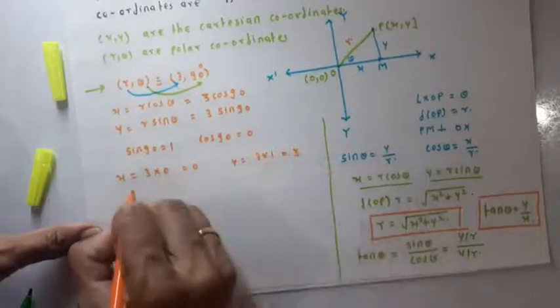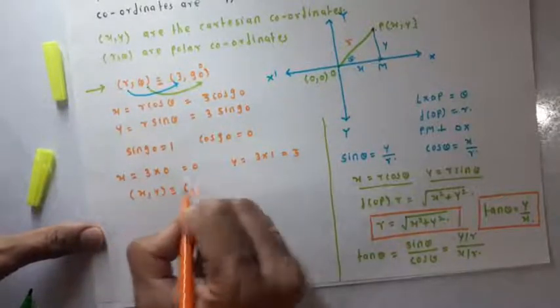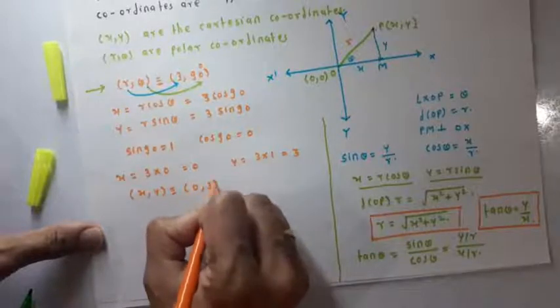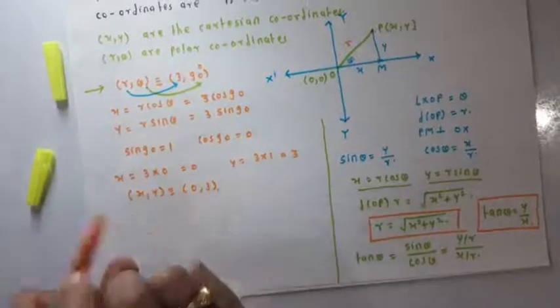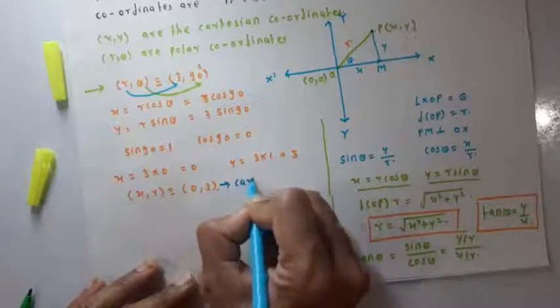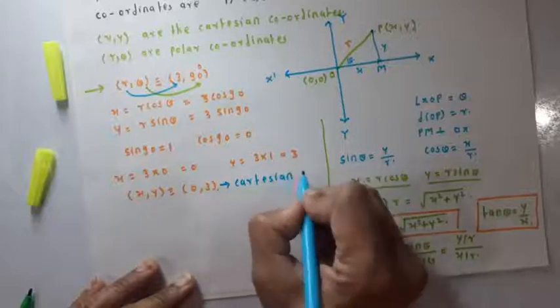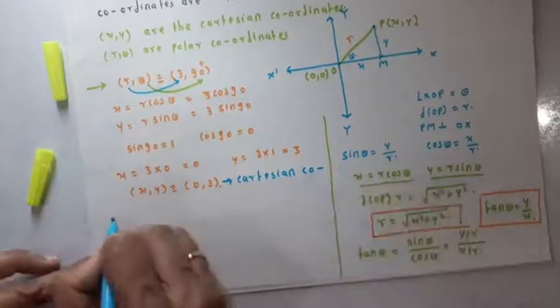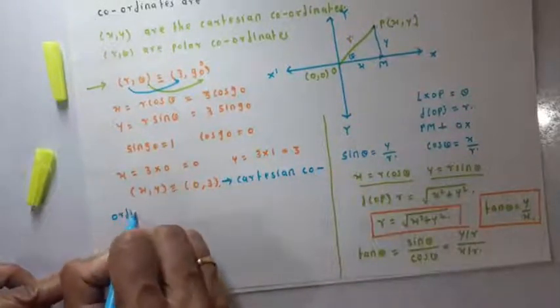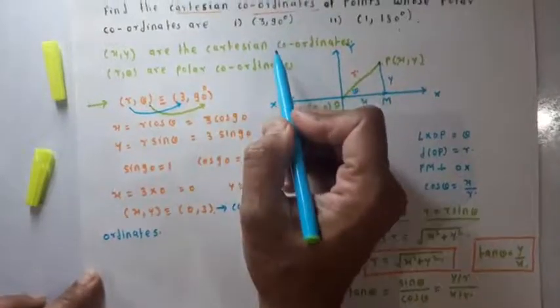Therefore the Cartesian coordinates (x, y) are (0, 3), related to the polar coordinates (3, 90 degrees).